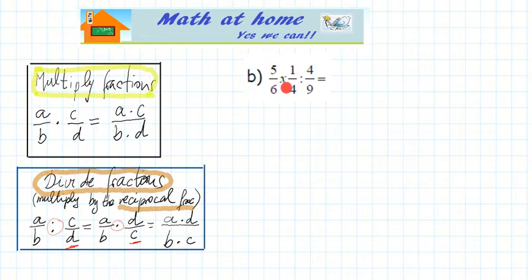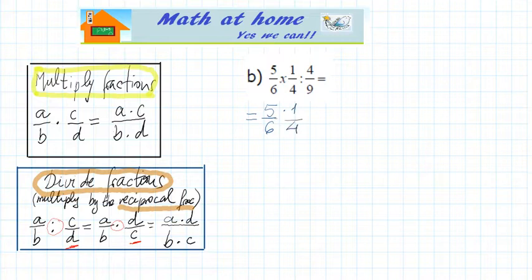Here we have a product and a division. So we have to multiply numerators and then multiply by the reciprocal fraction of the second one. So how do we do it? Let's do it. So we say that this is 5 over 6 times 1 quarter.